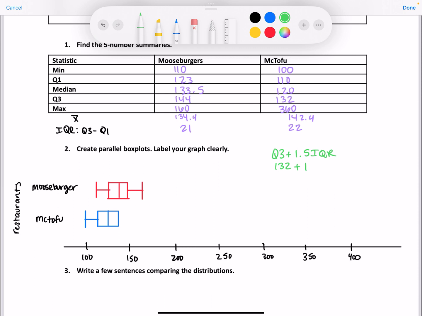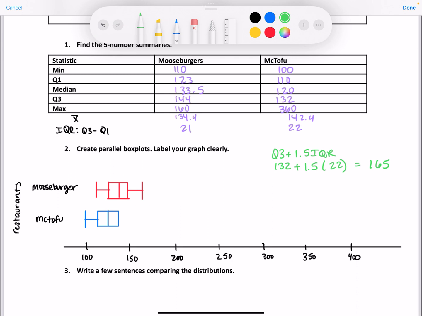But I am on the other one because it looks like there's going to be an outlier. So 165 is going to be where the cutoff is, or where the fence is for that.